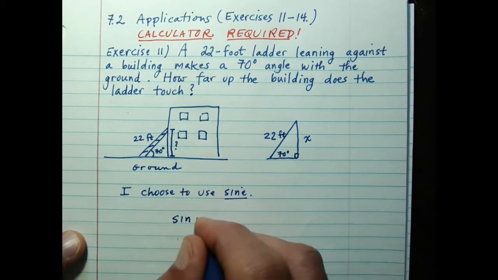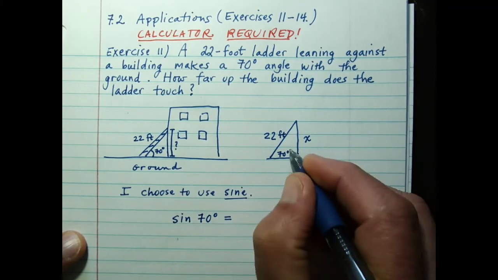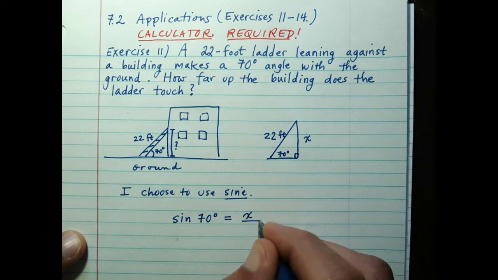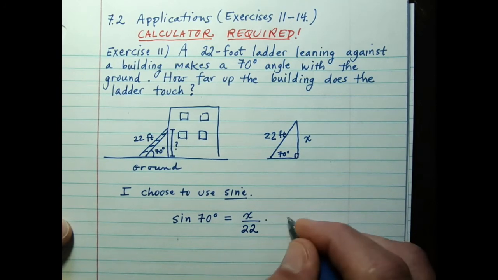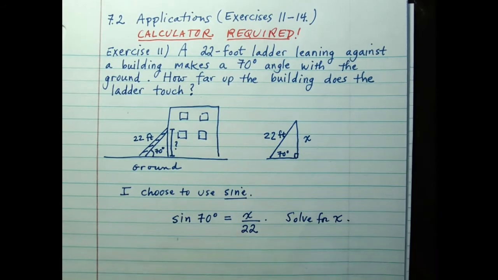Sine of 70 degrees is equal to opposite over hypotenuse, which is x over 22. And so we've got to solve for x. Now you can either work with the expression sine 70 degrees to the end, or you can insert a decimal approximation immediately.